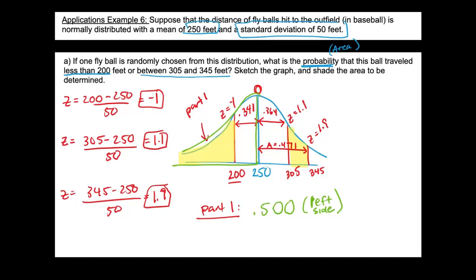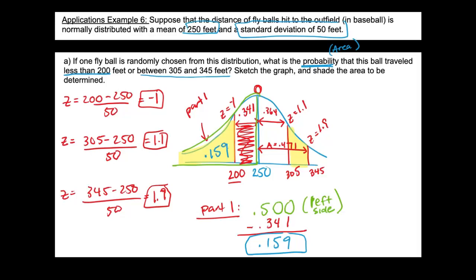And we know that 0.341 is the area of this area right here that I don't want. So I'm going to subtract 0.341 to get that yellow shaded region, which I called part 1 on the left hand side. So if I subtract these two numbers, I get 0.159. Okay, so that's this area on the left here.